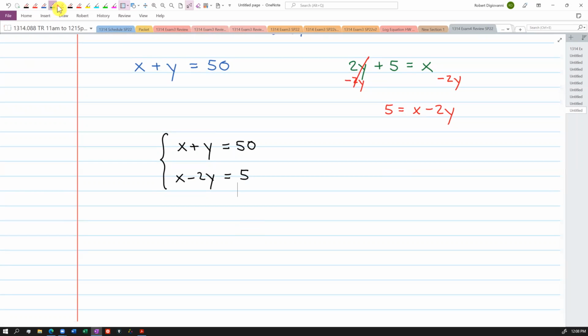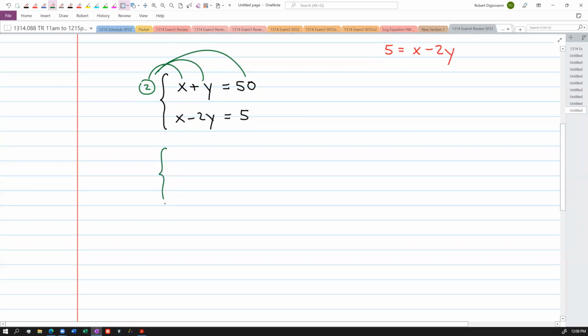I'm going to go for the y's. And the reason I'm going for y's is because it's easy to kill the y's if I just hit everything with a 2 on top. You could do the x's if you wanted to. My new system: 2x plus 2y is 100, and then x minus 2y equals 5.